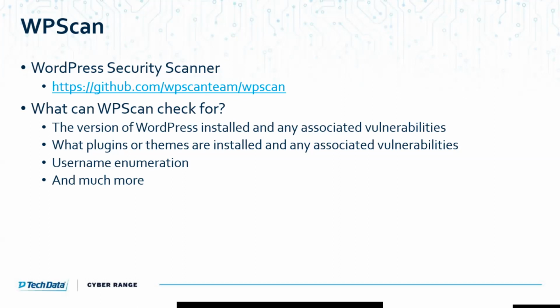WordPress is CMS software that makes web application deployment easier. And so what can you do with WPScan, or what can it check for? Well, it can check for any associated vulnerabilities with the WordPress version that is installed. It can also look for vulnerabilities in many different themes and plugins. Furthermore, you can do user enumeration with it.